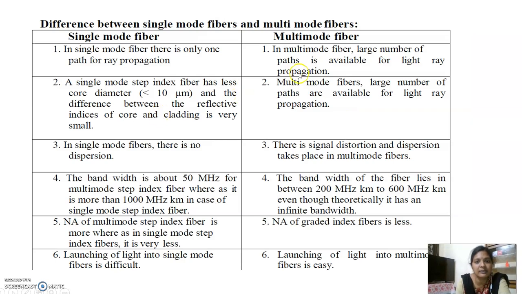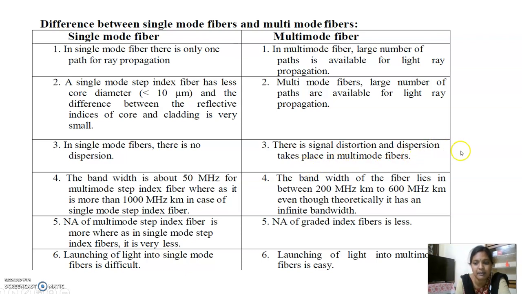Now these are the differences between single mode and multi-mode fiber. In single mode, only one mode can enter. In multi-mode, more modes can enter. In single mode, the diameter of the core is very small, whereas in multi-mode the diameter is very large, such that more modes can enter. In single mode, the dispersion is very less, whereas in multi-mode, distortion and dispersion take place.